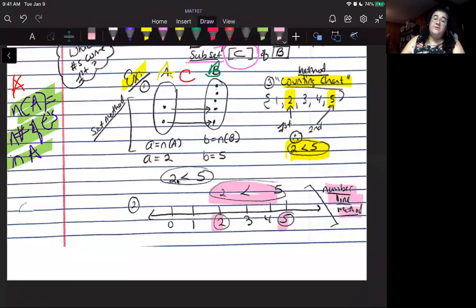But the concept here of set theory, or the set method that we've just discussed, is the one that will help you the most when trying to help students understand why it is that 2 is less than 5. Again, it helps you the most in your understanding. I would never recommend you use this as a way of explaining it to young children. Okay?